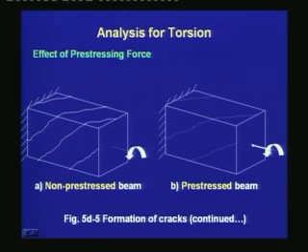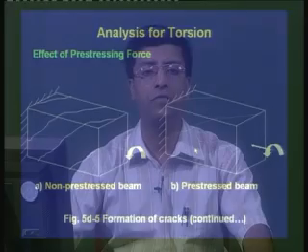Whereas, when we apply a compressive force in the section, the cracking load is much higher, the angle of inclination of the cracks is now smaller than 45 degrees, the cracks do not open up, and the number of cracks is also less as compared to the non-prestressed section. Thus, this figure shows the benefit of prestressing a beam which is subjected to torsion.